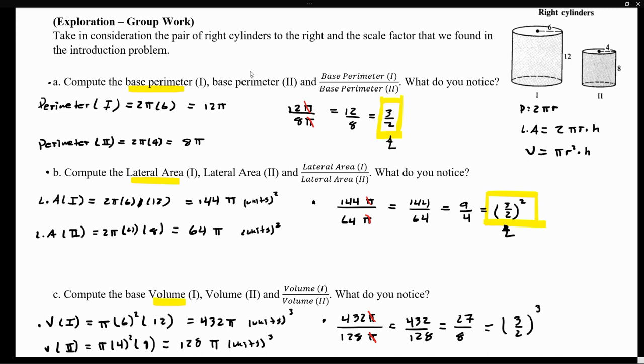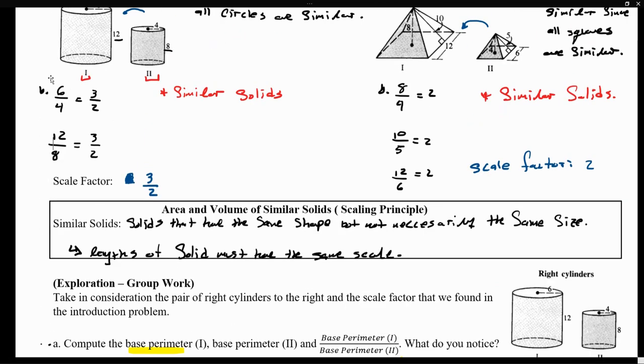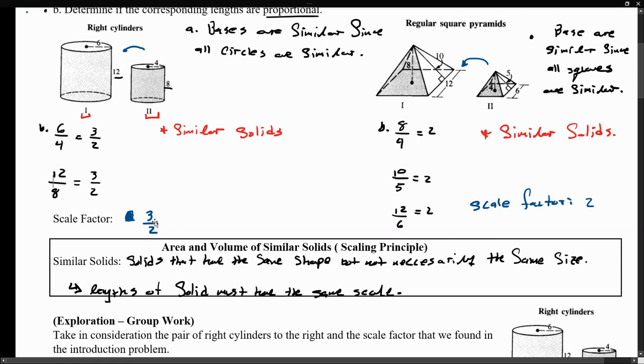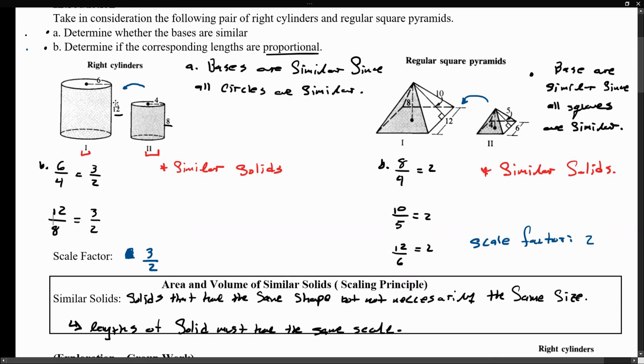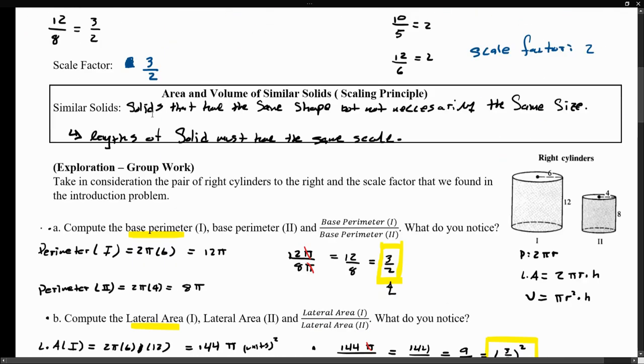And if I divide the volumes, I get a value of 3 halves cubed. So what seems to be the relationship among the two? Well, notice that 3 halves was the scale factor that we got when we were taking a look at the sides or the lengths of these similar right figures.